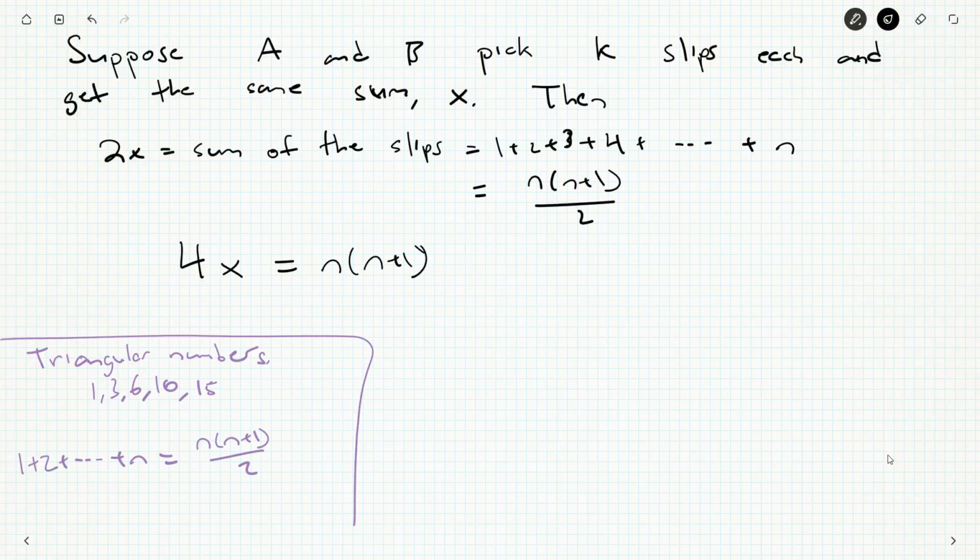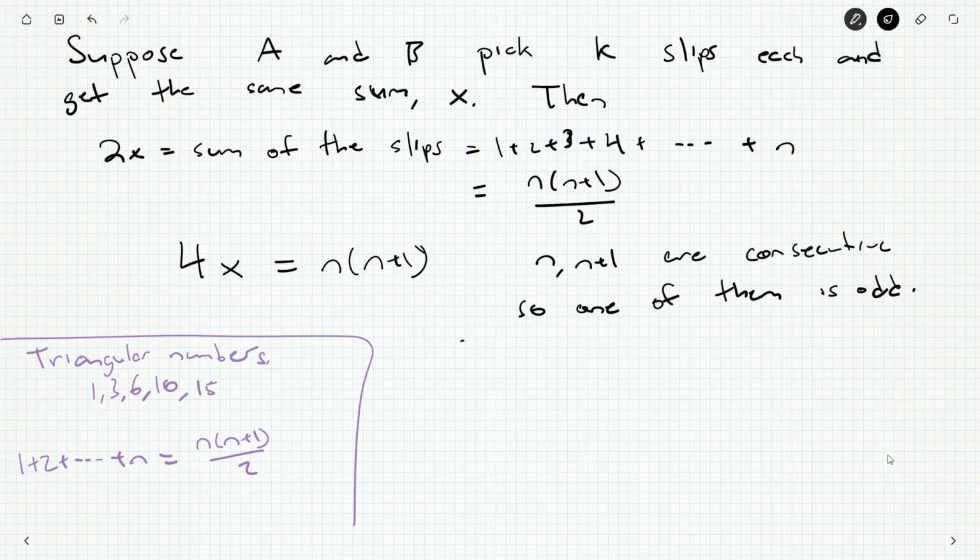So I need n times n plus 1 to be a multiple of 4, otherwise I can't solve for an integer value of x. Well, something I note is n and n plus 1 are consecutive. So one of them is odd.